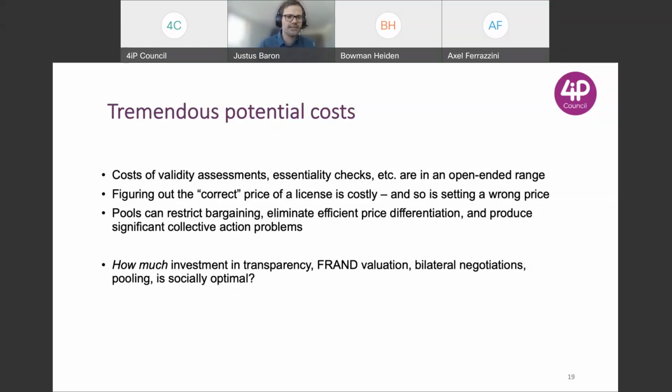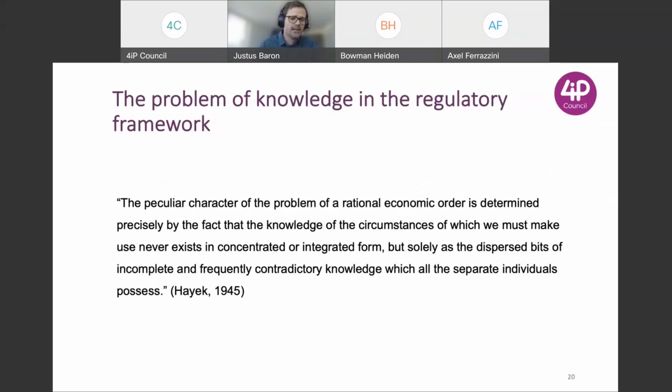So for each of these things, there is what we have identified as a very significant information problem. It's not so much that there is debate about whether there's value in achieving these goals, but there is tremendous uncertainty in how much investment is socially desirable in the pursuit of each of these goals. And in our reading, or our sentiment in participating in these debates, very often this information problem is ignored away.